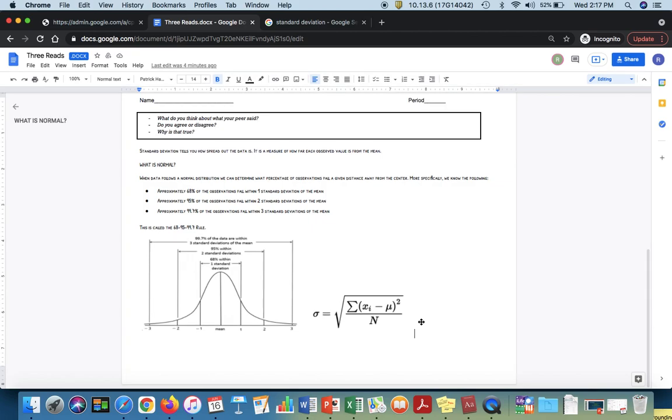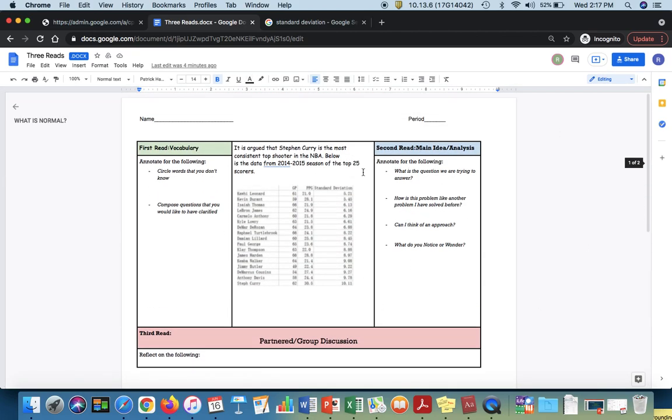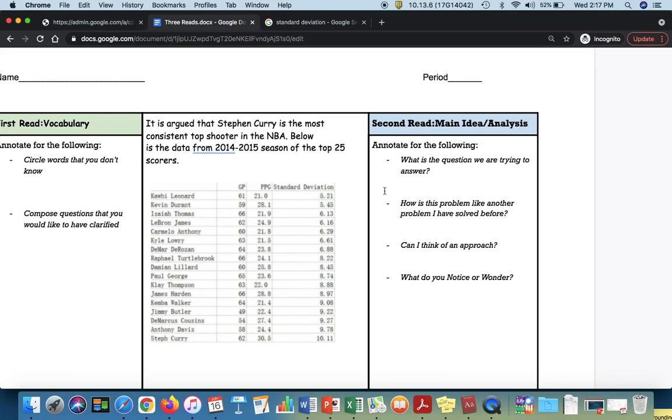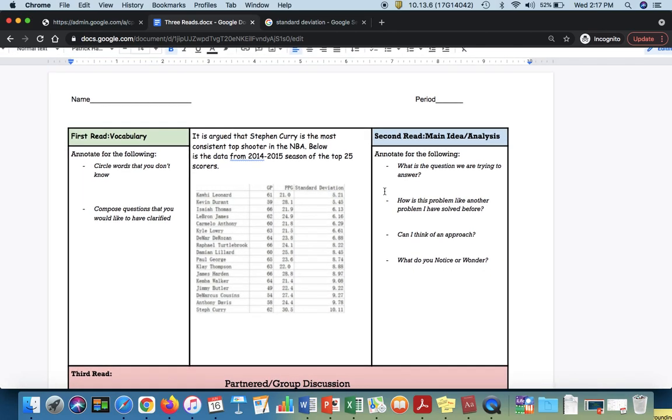So I'm going over a 3 reads activity for this specific activity. I found this very engaging with students. We're going to the 2014-2015 season of basketball, and we're saying that it's argued that Steph Curry is the most consistent top shooter in the NBA, and we have the data from the top 25 scorers, and it'll be nice because it's not that far off in terms of right now being 2021 with some of the best players still here.